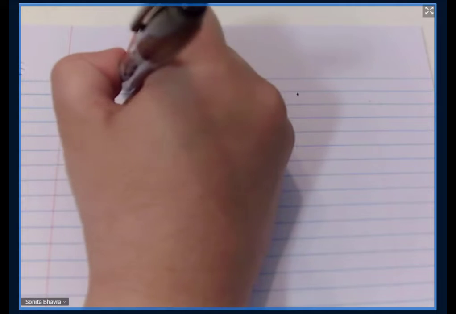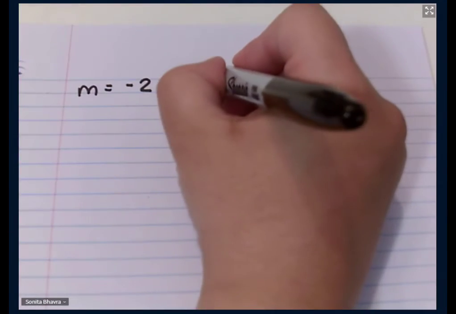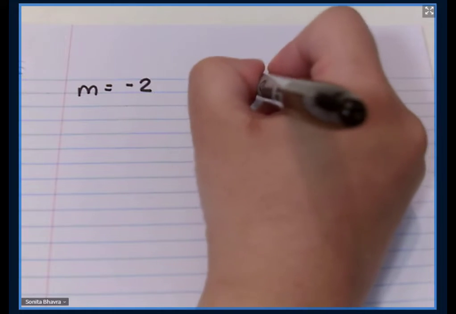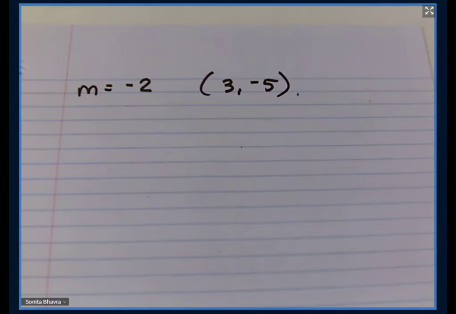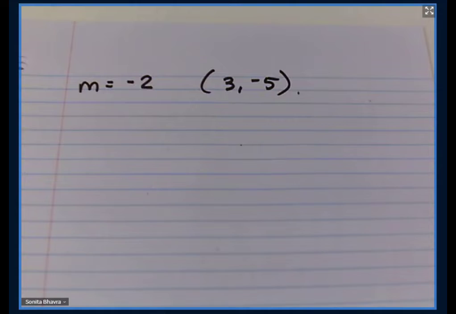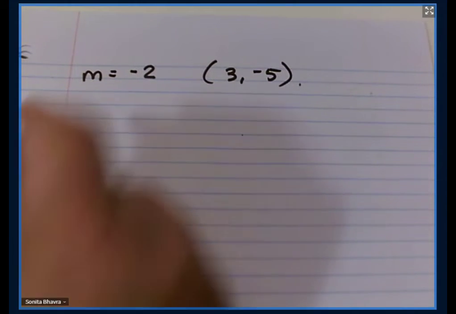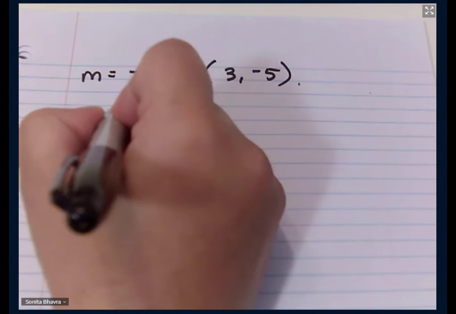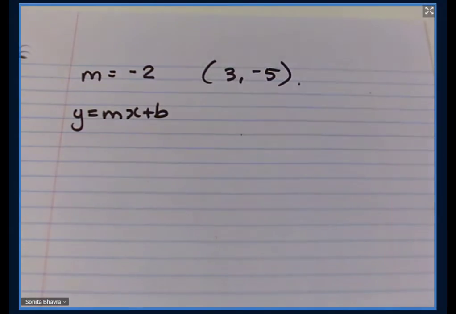All right, so just once again to note here, the slope was negative 2, and the point that the line was going through was 3, negative 5. Okay, so John was using y equals mx plus b, and he knows that the slope is at negative 2.